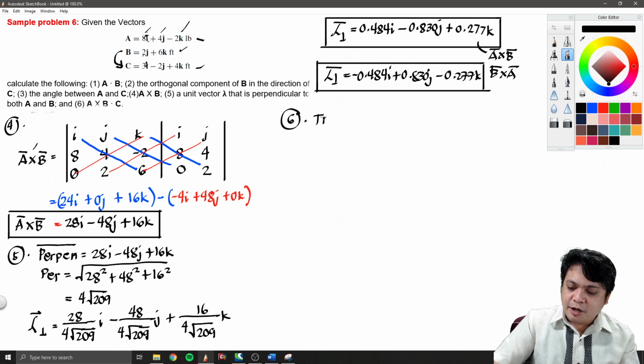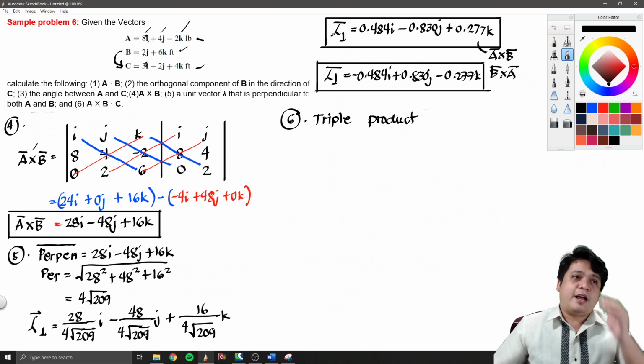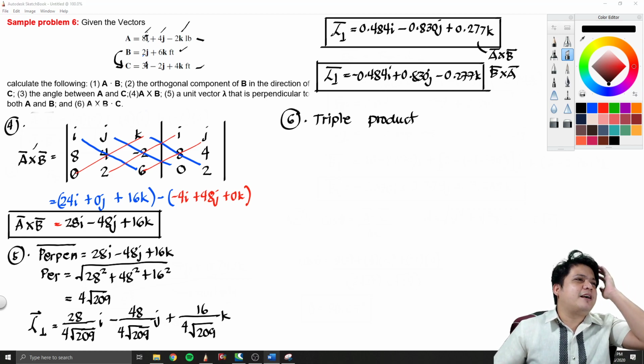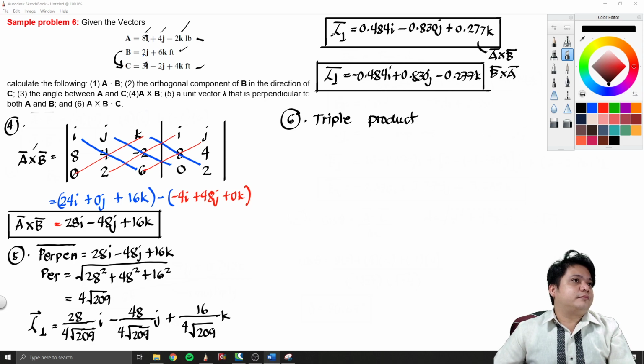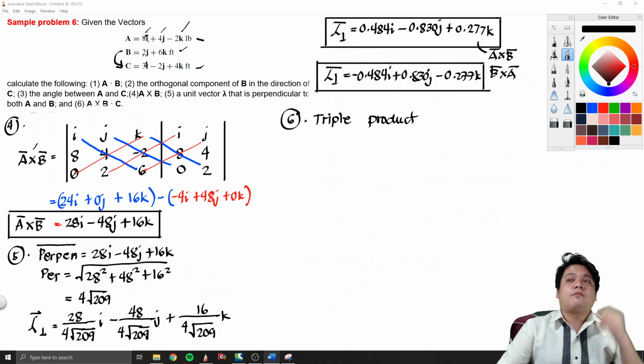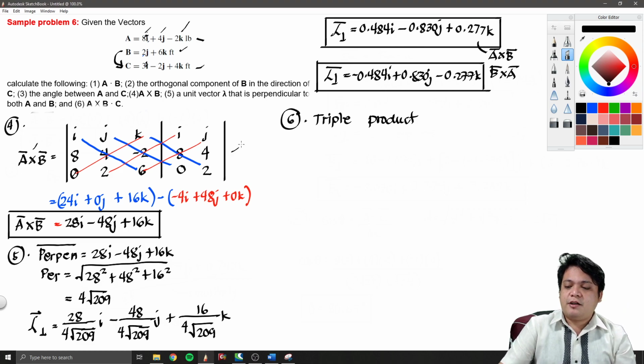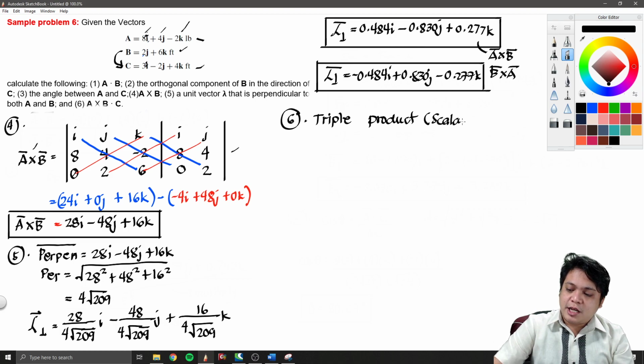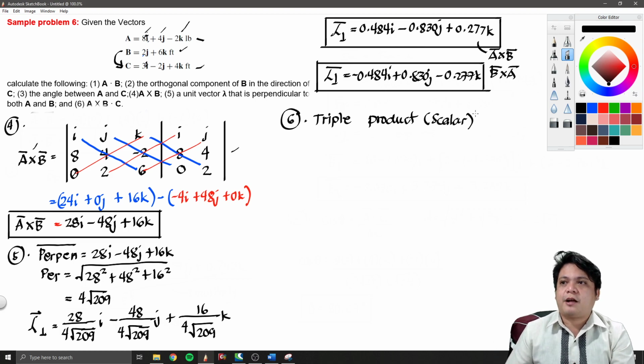It is like multiplying, but since the result is a scalar, it is called the scalar triple product.